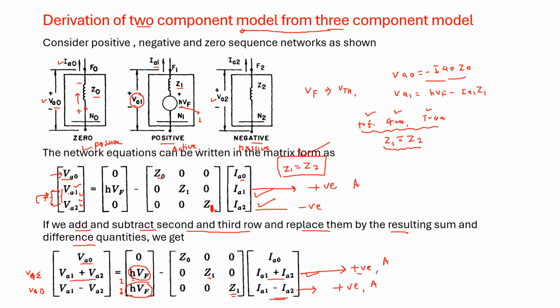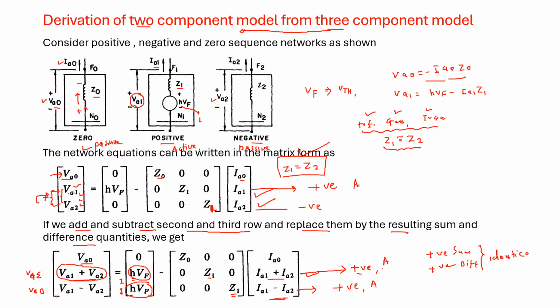The only difference is that here we have summation. In terms of network, they are identical. So the positive sum and the positive difference are identical networks.